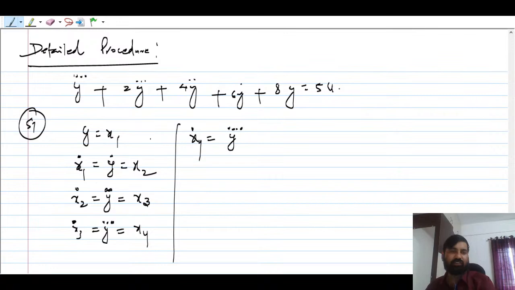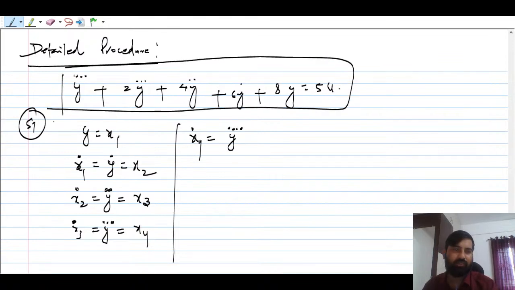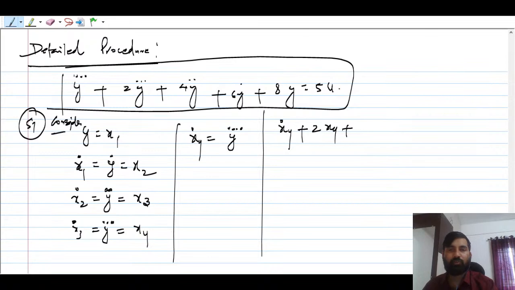So by looking at this, you can directly write it. Now you can put in this differential equation all these things whatever we have considered, right? So let me write here. It is nothing but x4 dot plus 2x4 plus 4x3 plus 6x2 plus 8x1 equal to 5u.